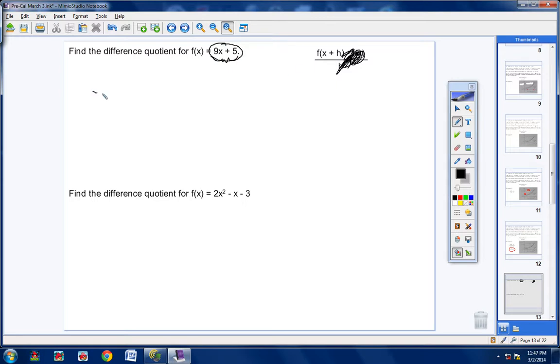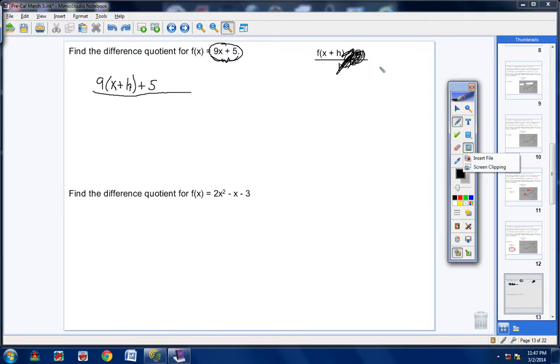So here's my denominator bar, and I'm going to put 9. Then here's an x. I'm going to put a parentheses, and I'm going to put x plus h, and then plus 5. There. I picked up this whole function right here. I put it right here. The only difference is everywhere there was an x, I put x plus h. Okay? So pretty simple. Not too bad.